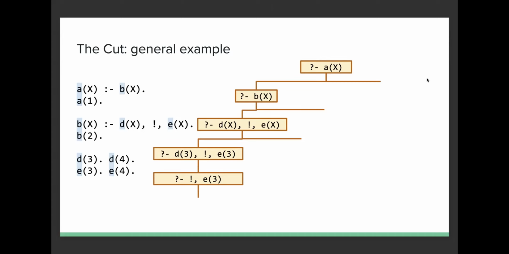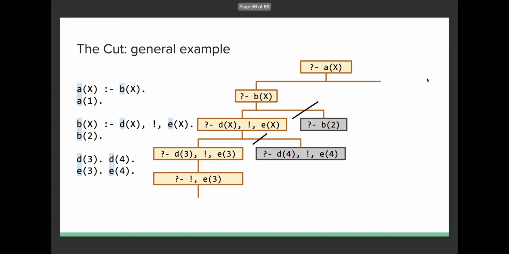So the predicate where we use cut is B. So we're going to cut all of the branches starting from B of x and up to the point where we have cut. So we'll cut these 2 branches, okay? Notice that the branch that is above B is not cut, because it's outside of the predicate that we defined using cut, okay? This is subtle, but it is very important.